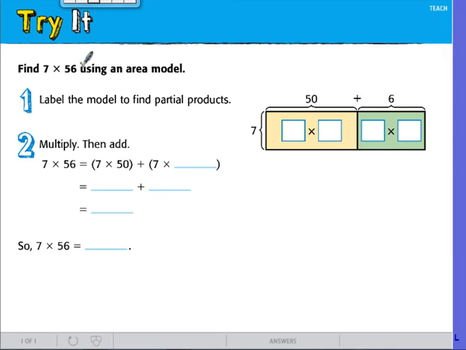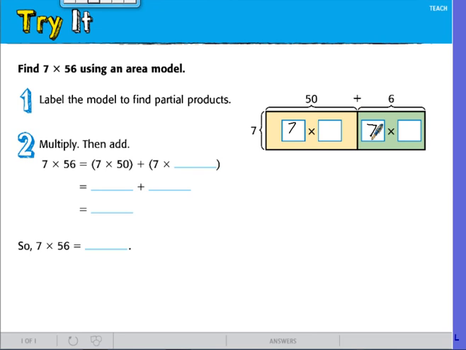They took 56 and they broke it into 2 numbers, 50 and 6. Then they take 7 and they put it over here, right? What they want you to do is fill in the squares with the numbers that belong there. So 7 is going to be inside of both of these areas. So we need a 7 here and a 7 here.